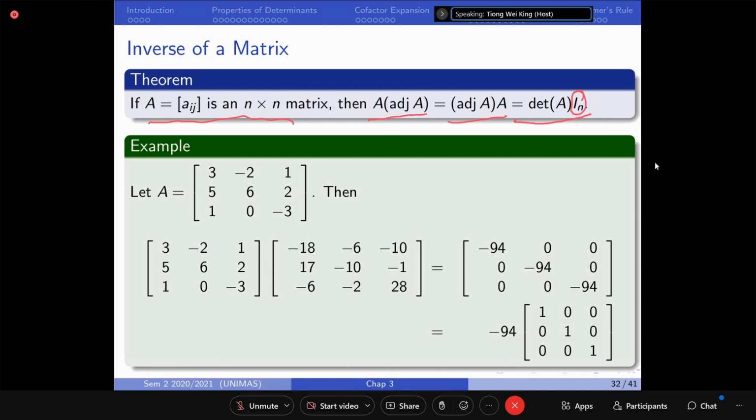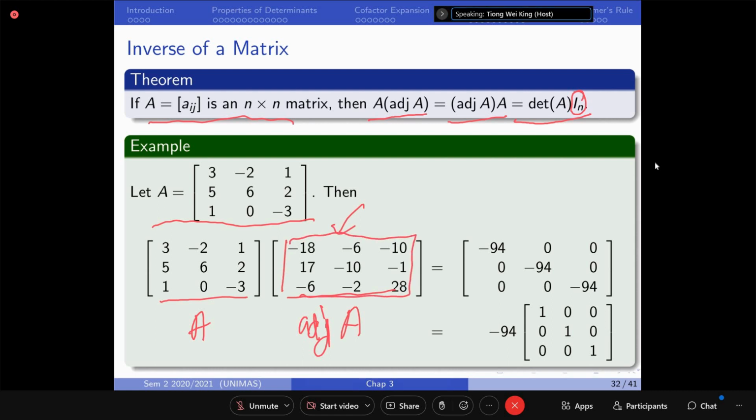For example here, we have the matrix A, this is A, and then this is the adjoint A. You can double check after this for your exercise whether this is the adjoint A or not.